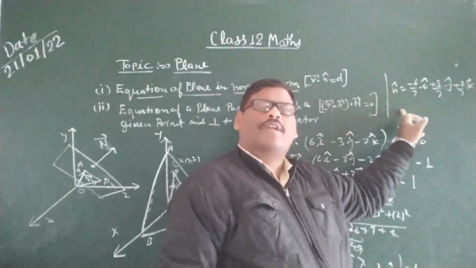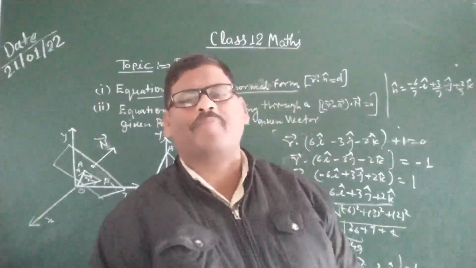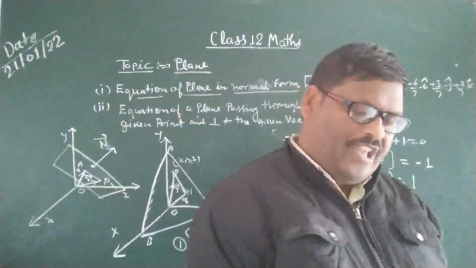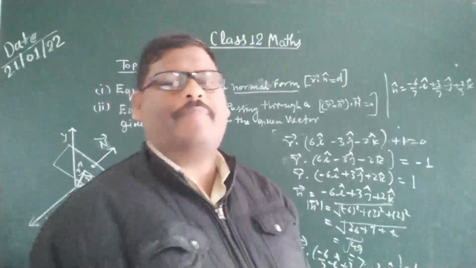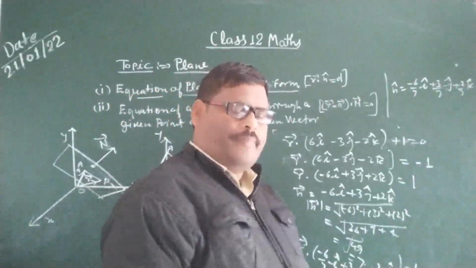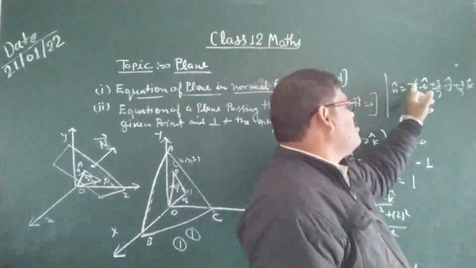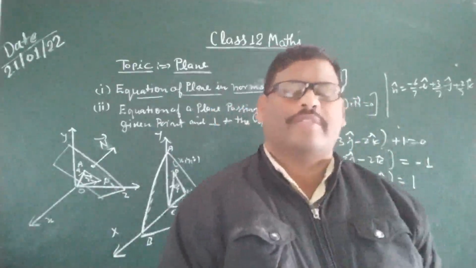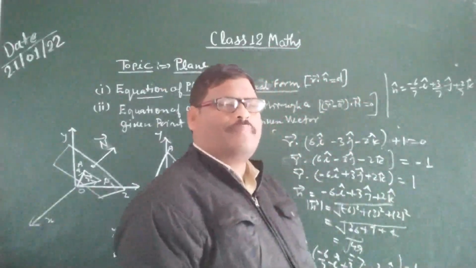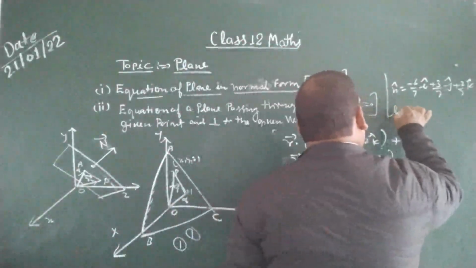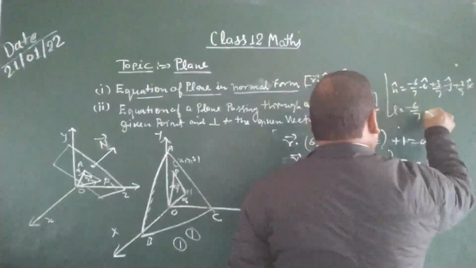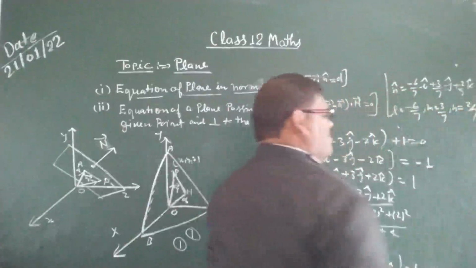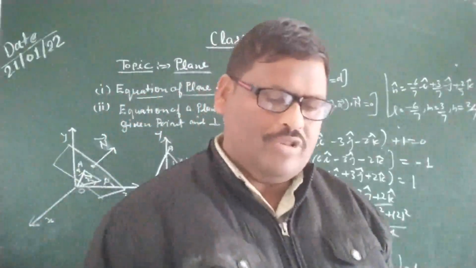You know that n cap is l i cap plus m j cap plus n k cap. Comparing, you obtain the values of l, m, n as minus 6 by 7, 3 by 7 and 2 by 7 respectively. Those are the direction cosines of the given vector. It means we can write l is equal to minus 6 by 7, m is equal to 3 by 7 and n is equal to 2 by 7. That is the required solution of the question.